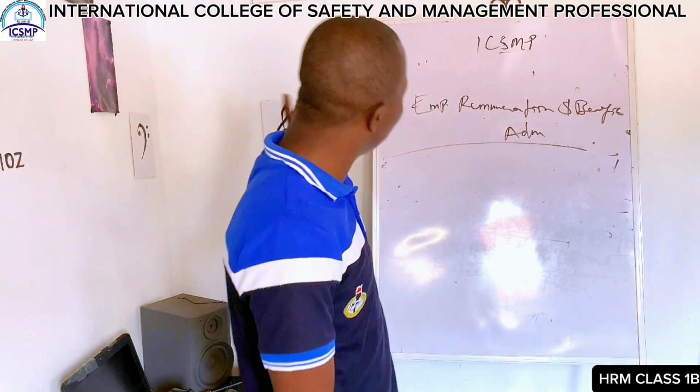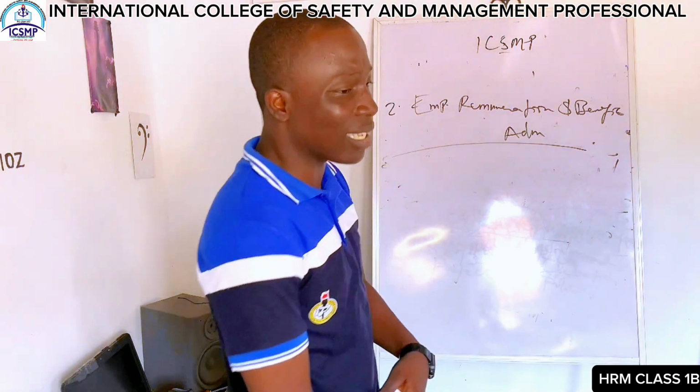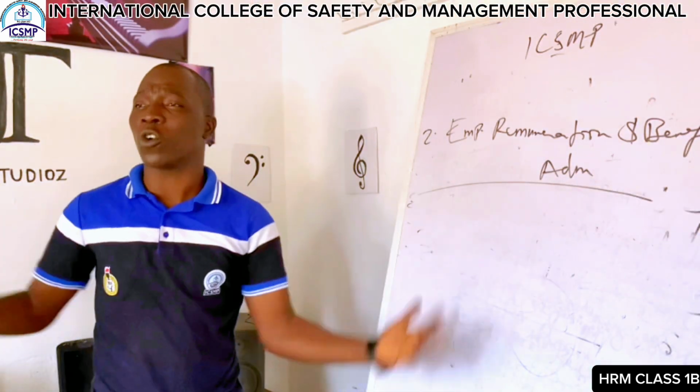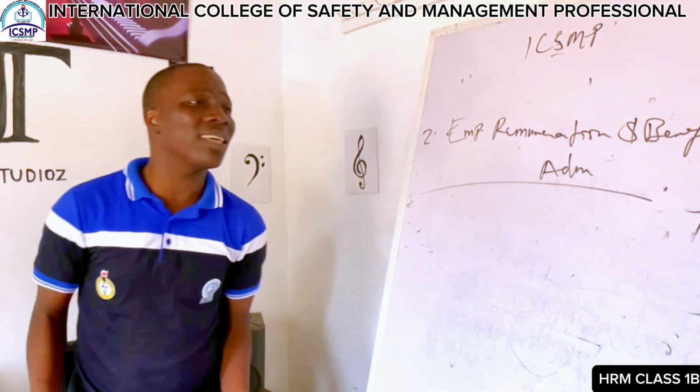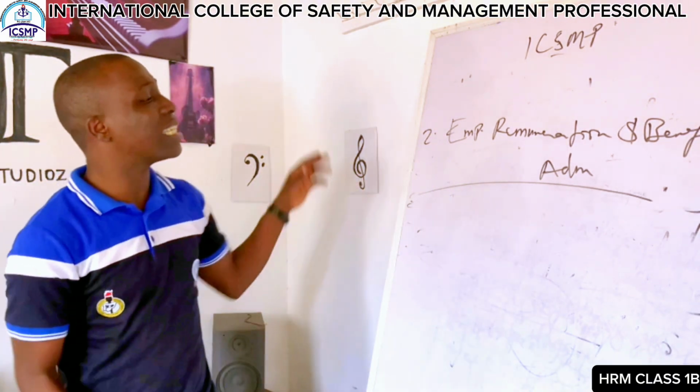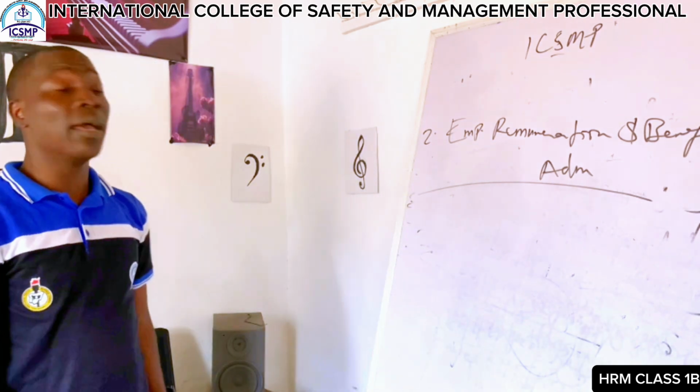All those things can now come in as things that motivate them, that incentivize them, and good working conditions, good working environment, peaceful and wonderful coexistence. All these are part of remuneration and benefits.